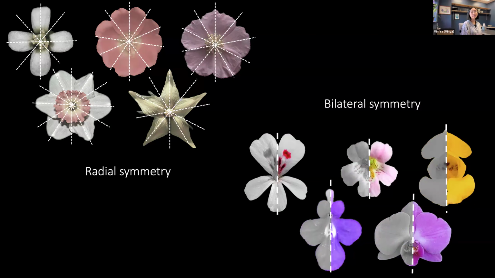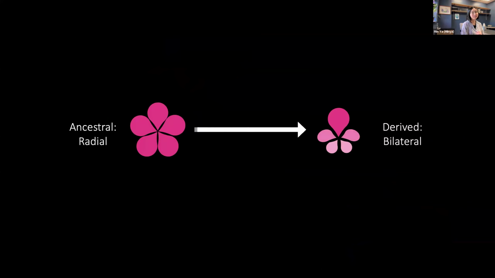From an evolutionary perspective, the ancestors of all the major flowering plant groups are predicted to produce radially symmetric flowers, so bilateral symmetry is a derived state. As many as 200 transitions are estimated to have happened between these 2 forms, so floral symmetry is a very evolutionarily labile trait.